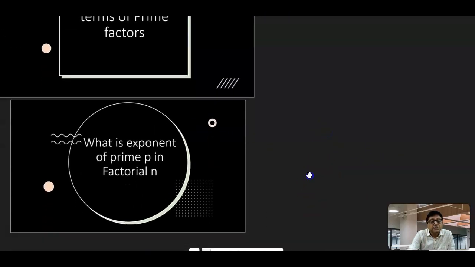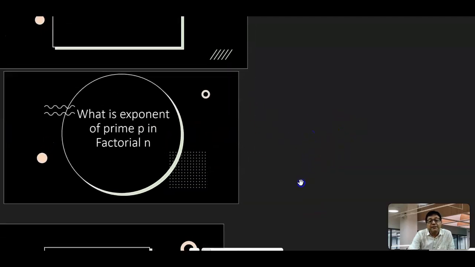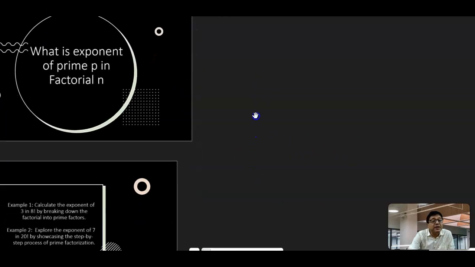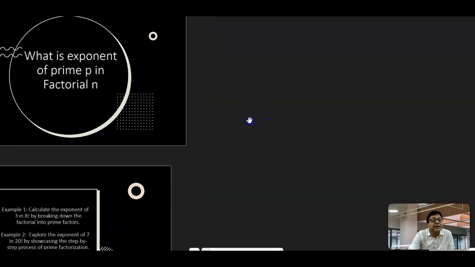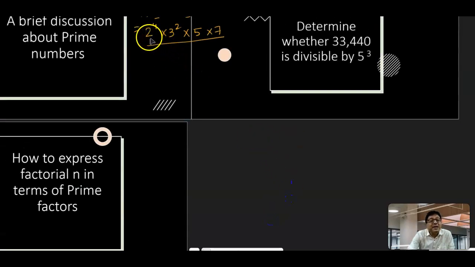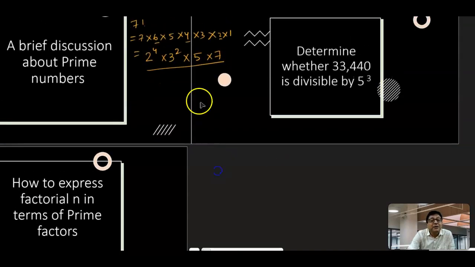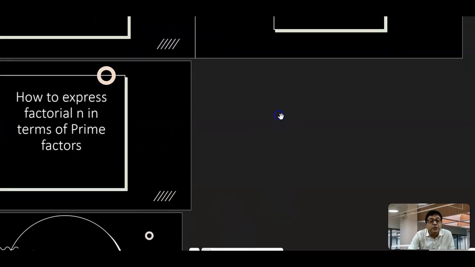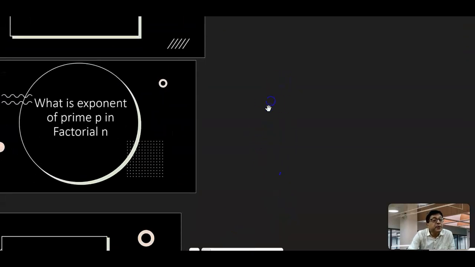Now we are going to learn a very interesting thing: what is the exponent of prime p in factorial n. We have just seen this in factorial 7. The exponent of 2 is 4, the exponent of 3 is 2, the exponent of 5 is 1. So what will be the general formulation of the exponent of prime p in factorial n?